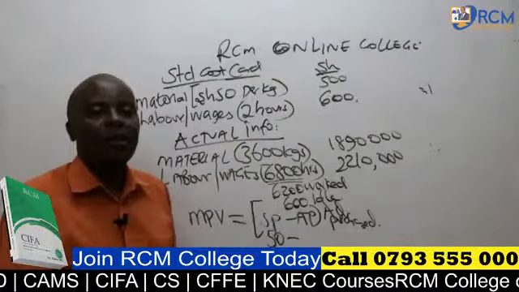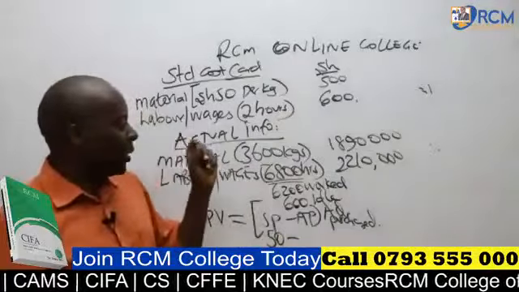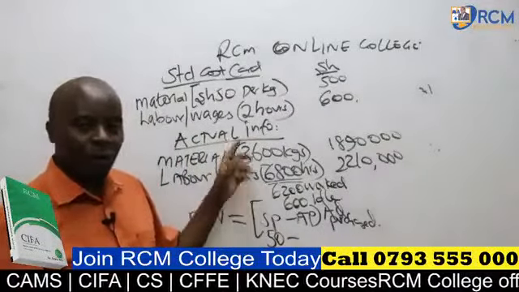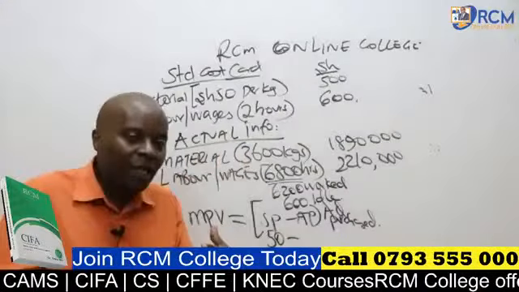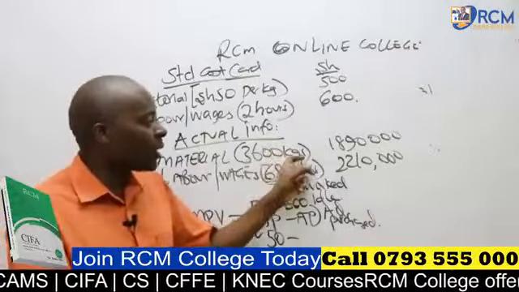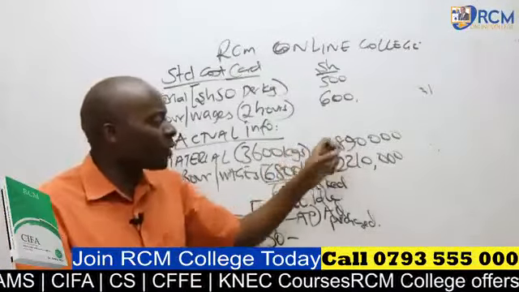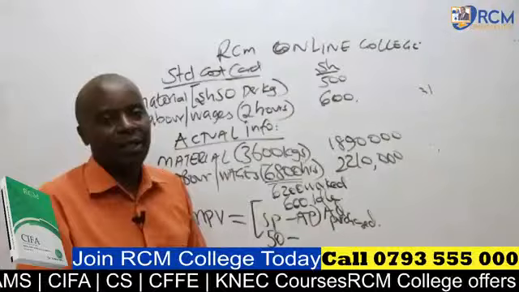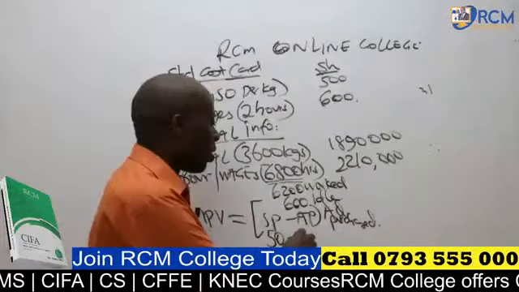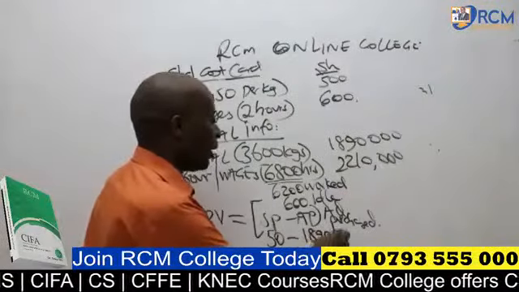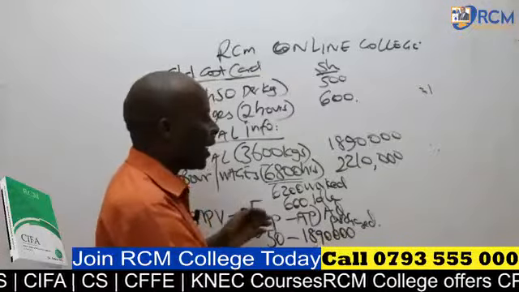So here we have 50 minus the actual price. For the actual price, I look at the actual information, where I can see we procured 3,600 kilograms, and all the kilograms cost 1,890,000.